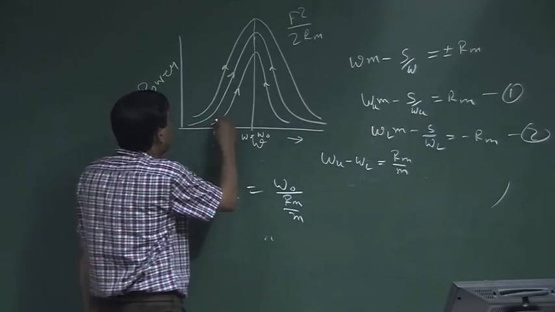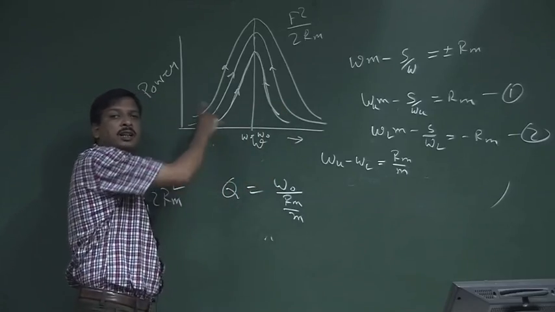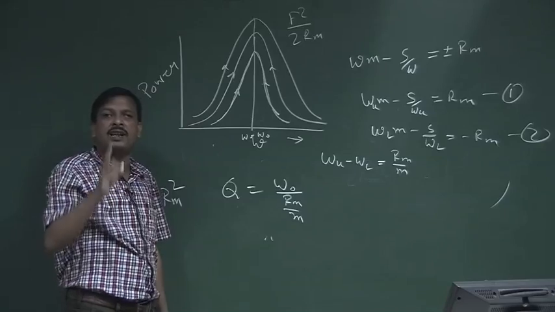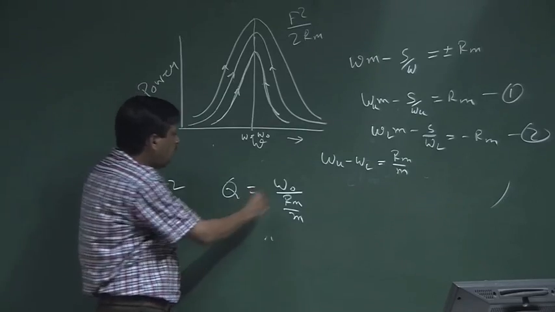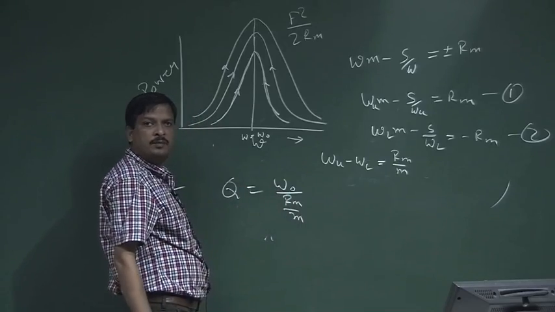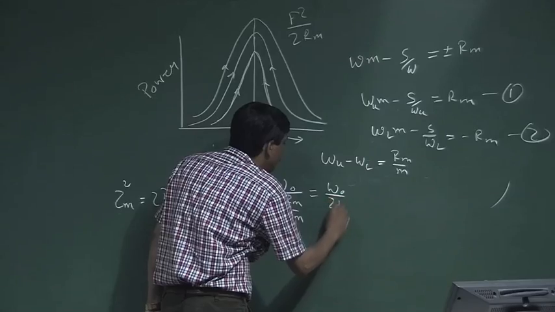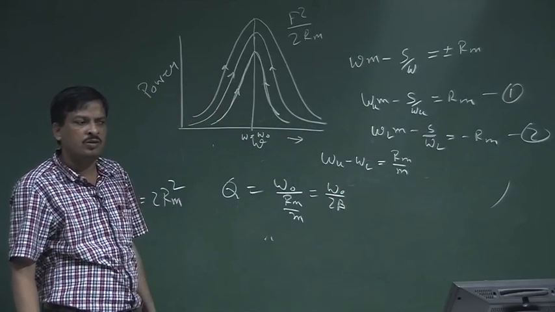How narrow the curve is, is defined by the parameter Rm by m, the mechanical resistance divided by the mass of the system. I can write it as omega 0 divided by 2 beta, because beta is equal to Rm by 2m.